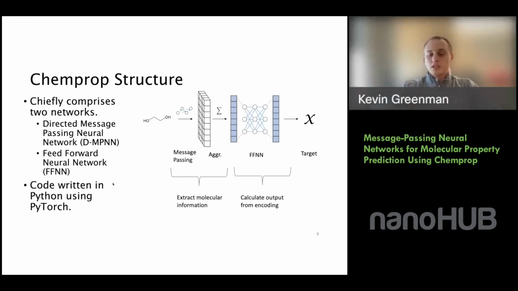And then ultimately, once these atom representations are updated through each convolution, you do some kind of aggregation step to aggregate the atom level representations or the bond level representations to a single vector that represents the entire molecule. Then that vector is the input into your feed forward neural network, which is just a standard multi-layer perceptron, just the most basic kind of neural network, which ultimately is trained to predict the target. And our code here in Chemprop is written in Python using PyTorch.